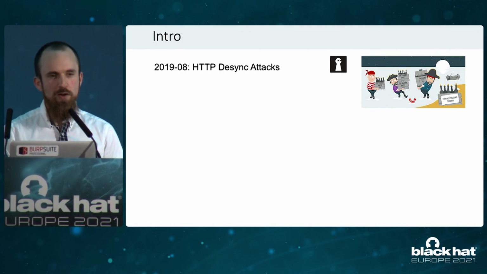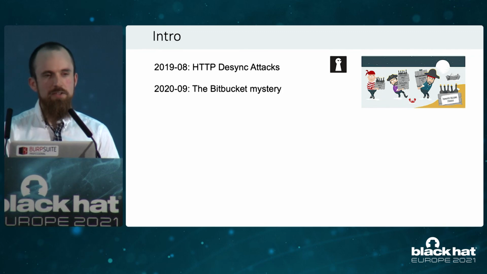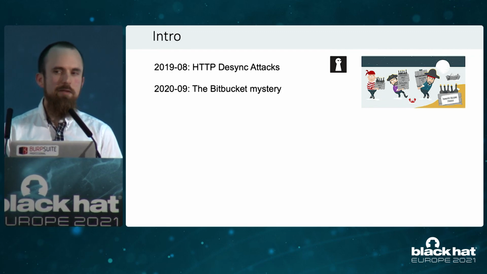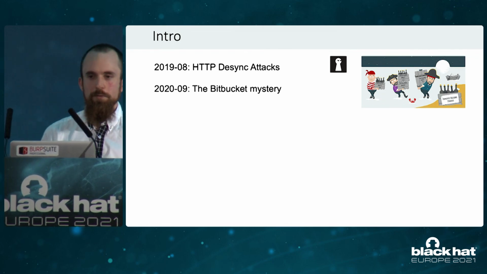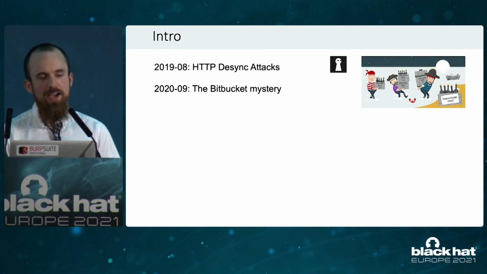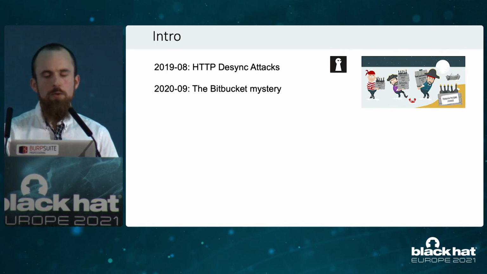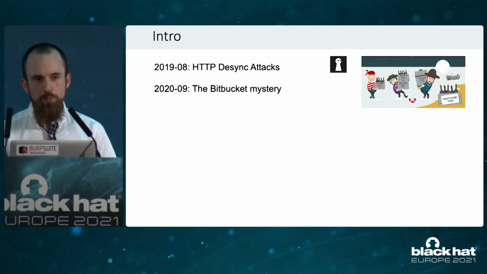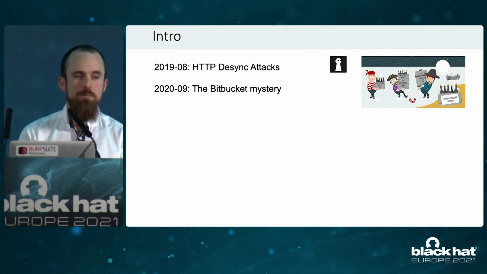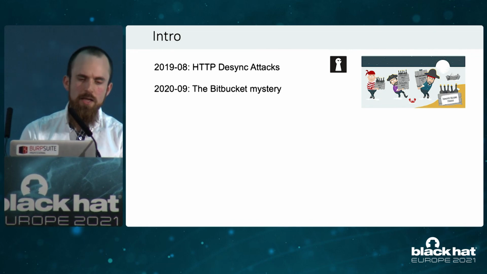There was just one fly in the ointment, and that was Bitbucket. Every heuristic that I tried indicated that Bitbucket should be vulnerable, but every actual exploit I tried reliably failed. Normally when I encounter something like this, I'll spend a couple of days on it, maybe a couple of weeks, and then give up, cut my losses, and move on to researching something else.